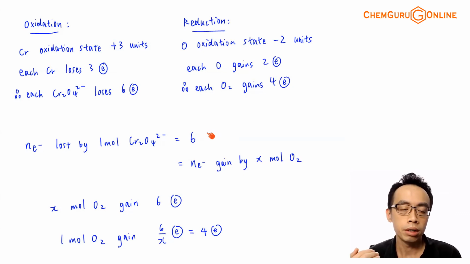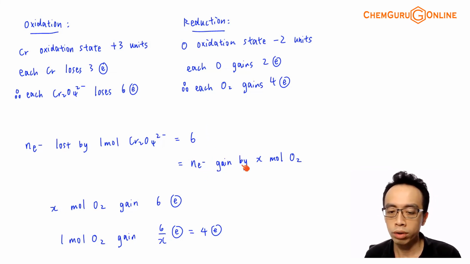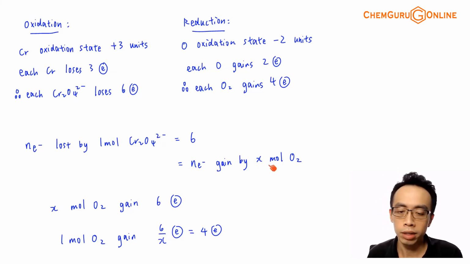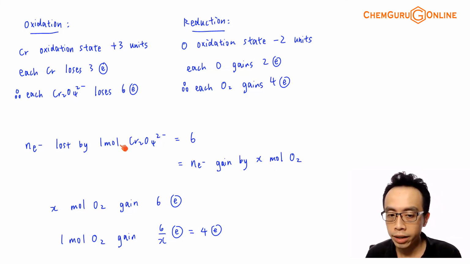And since this is the same redox reaction, this electron loss must be equal to the number of moles of electrons gained by X moles of O2. We want to solve for X. I know that this is a redox reaction, which is a total transfer of electrons. Electrons lost by Cr2O4 2- have to be the electrons gained by O2.